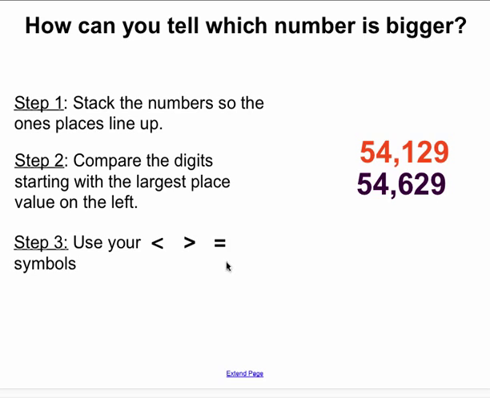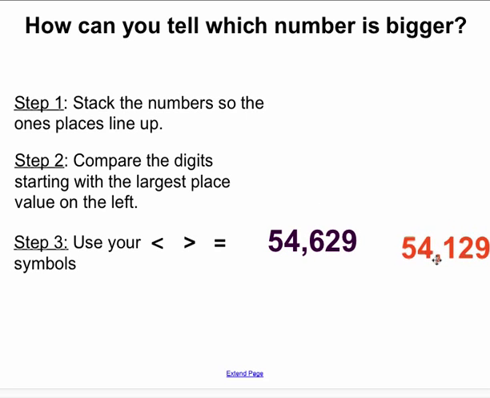I'm going on to step 3: use your less than, greater than, equal to symbols to compare the numbers. Now that I know which number is greater, I'm going to move them around so that these numbers are side by side. That's the way you'll see them in your math book or on tests. We're just going to pick the symbol that goes along with these numbers.